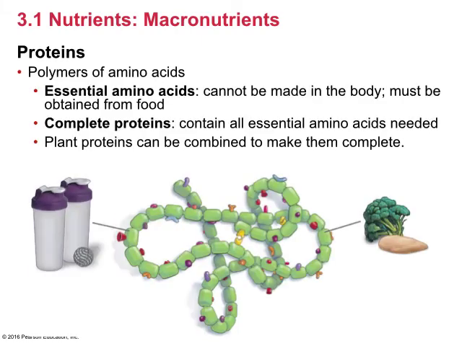Oh, and also just a quick note. Here in the figure you have protein shake bottles on the left, and then chicken and broccoli on the right. They all have protein, right? The point being made here is that it's always best to get your protein from whole foods, from natural sources.